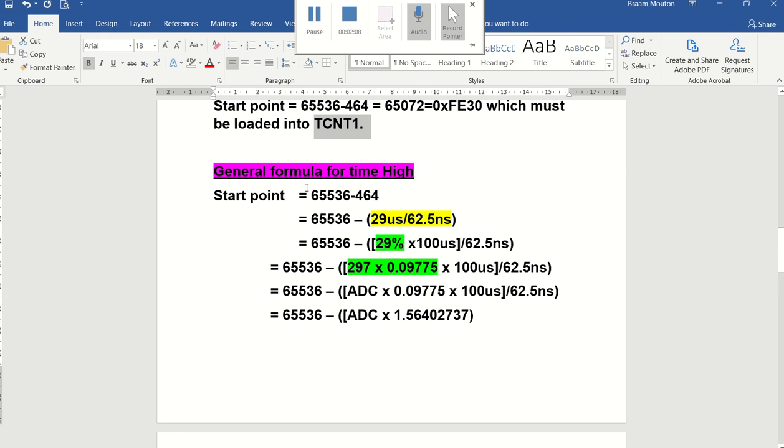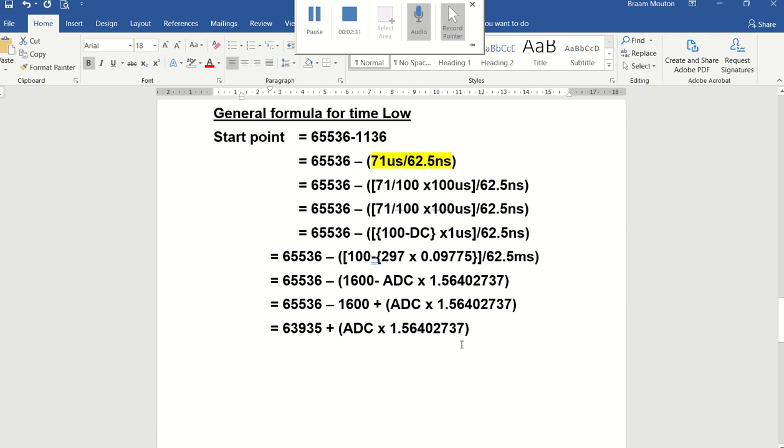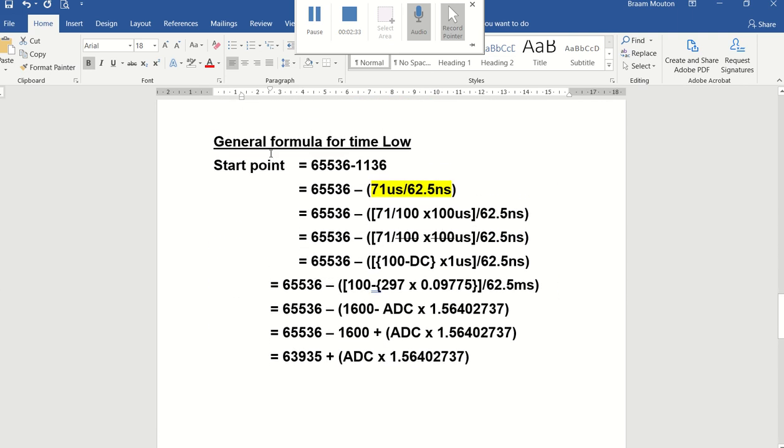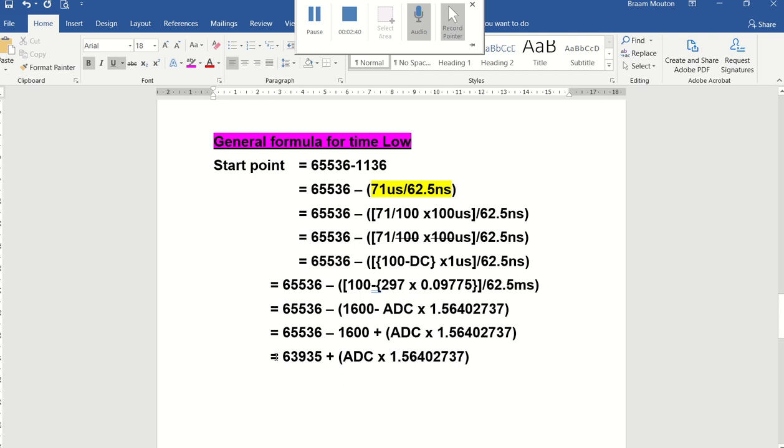I also showed you how to calculate a general formula, and here is the general formula, which means the only unknown variable was the value that you receive from the ADC, or basically the voltage that you receive on the input of the ADC. So this was the calculation of the start point high. I went further and showed you the general formula to calculate the start point low, which is this at the bottom here.